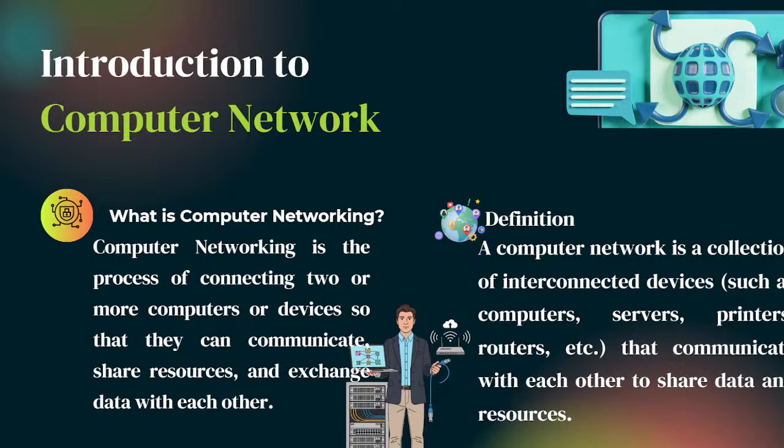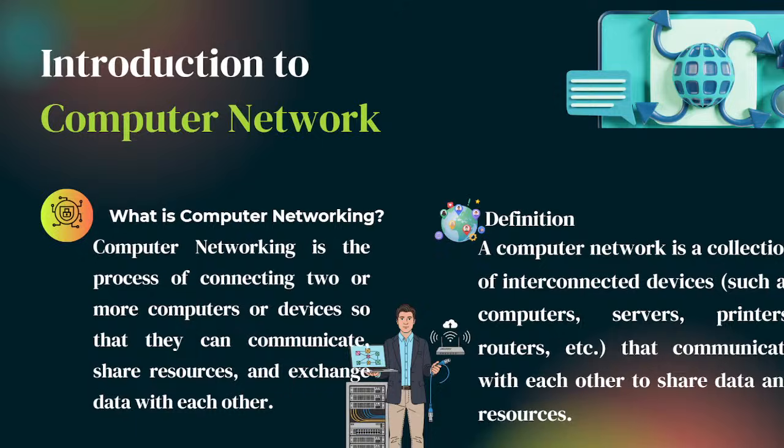So these devices are connected by communication channels. All the devices, as we said, are interconnected. So these computers or devices are connected by communication channels like cables, wireless connections or fiber optics, anything can be.